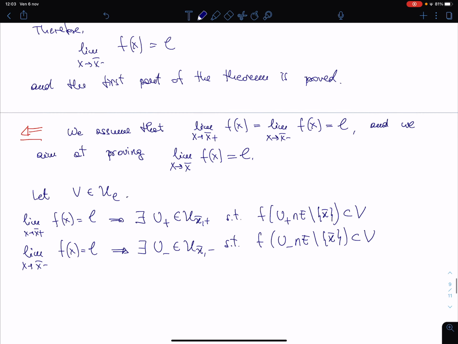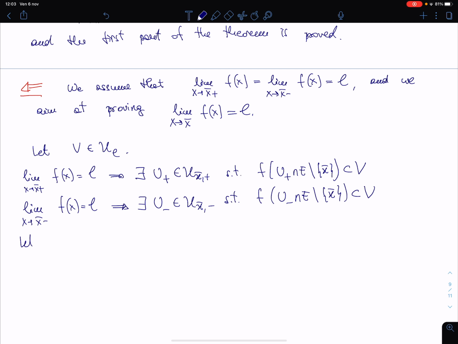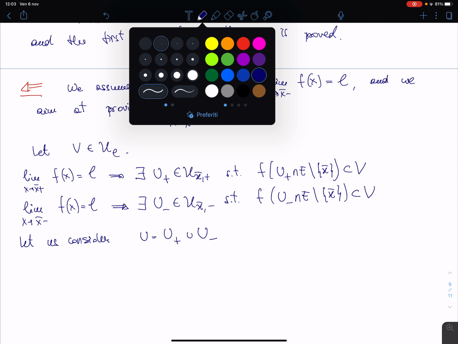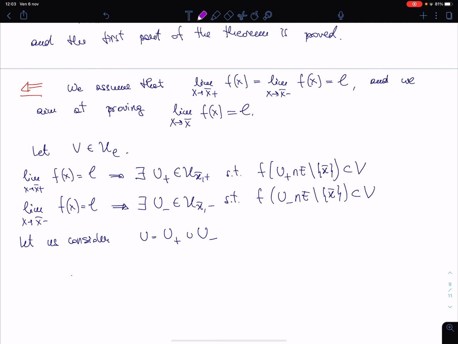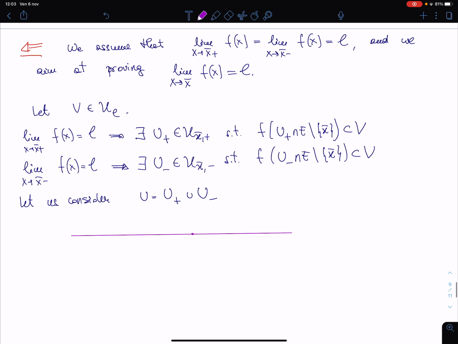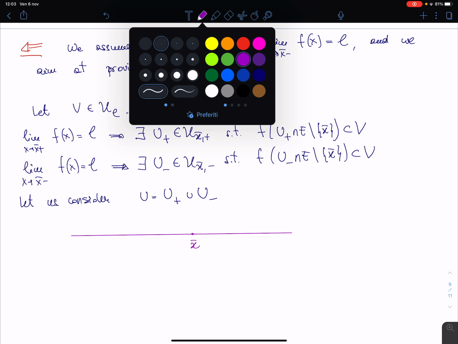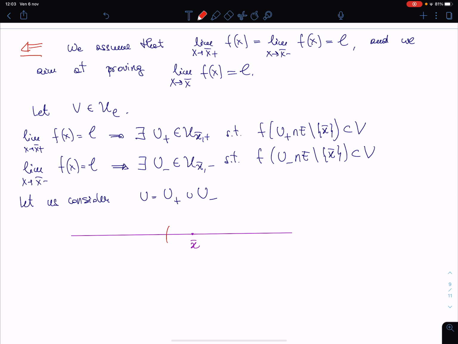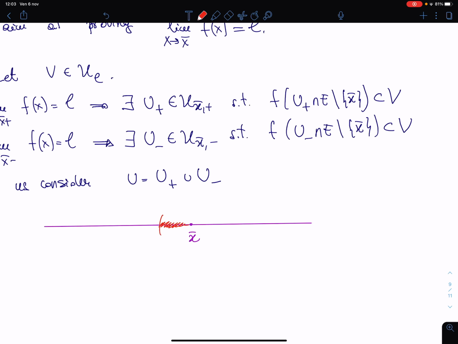Okay, now consider U equals the union of U plus and U minus. So picture here to understand what happens. Here we have x bar, and here we have the red neighborhood.